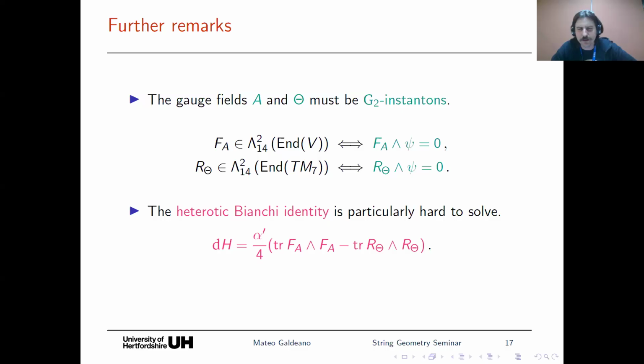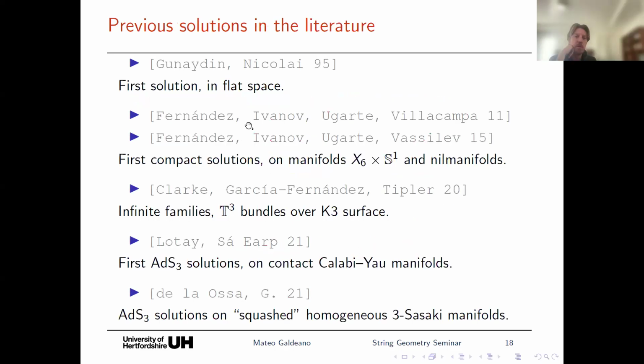And you can do it, and in the literature there are a lot of solutions. I think a lot of people have studied the case with H closed, even in the G2 case. But what we were interested in is actually trying to not turn this off and make it non-trivial. But if I remember correctly, for the ones I list here, I think all of them have the gauge field, or some of the gauge fields, non-zero.